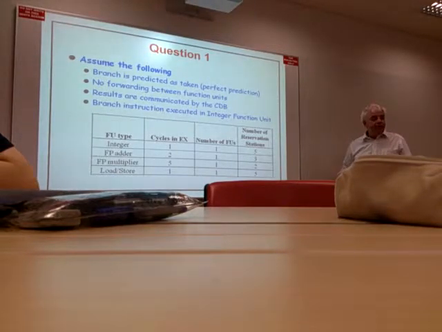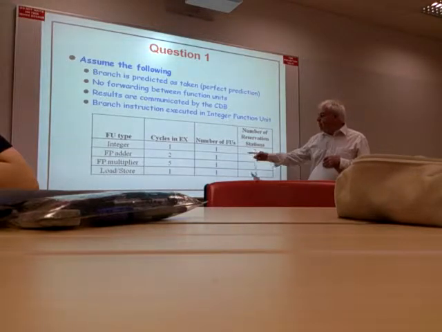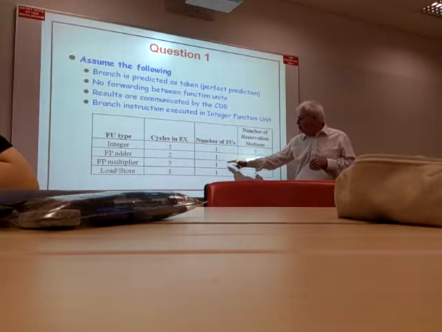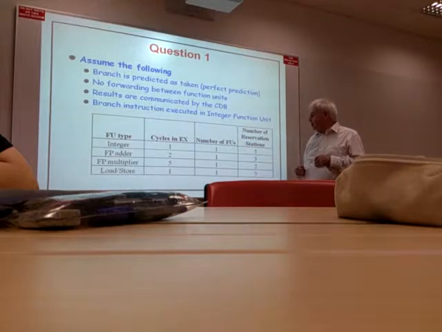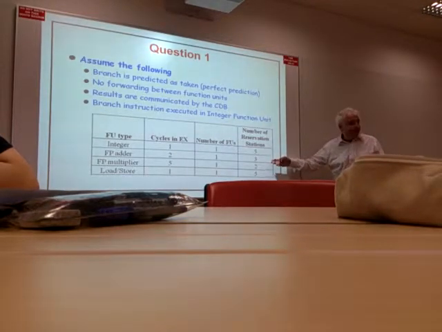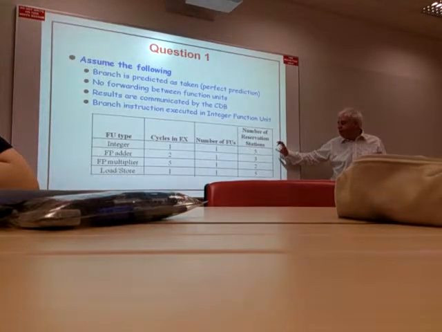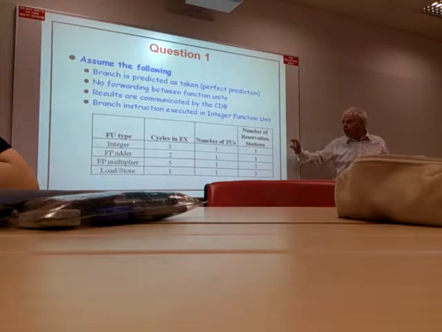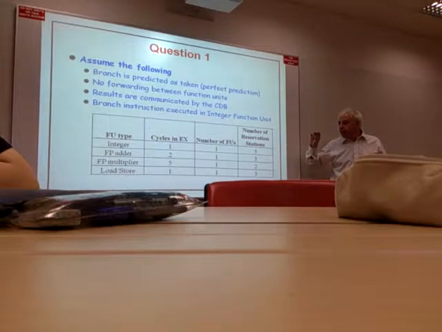And for this example, we're going to assume that we have just one functional unit for each of these, but we have a number of reservation stations. The reservation stations are used for instructions which require this function unit; we can put the instruction in the reservation station, and then it will wait until the values are ready to be executed.